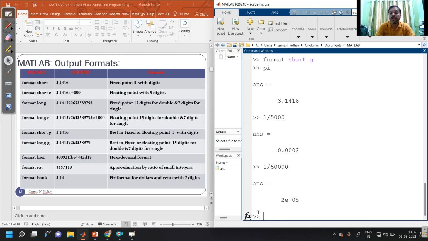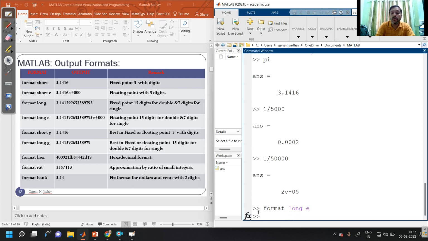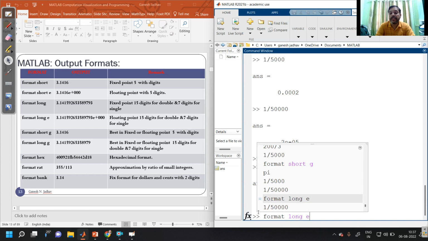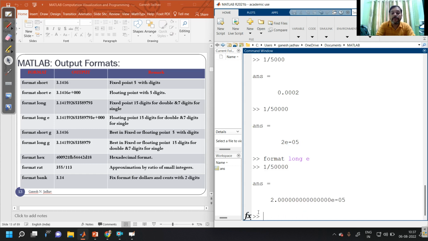But if I add one more zero here, the result changes to the format short E. So it will give you the best fit when you are using format short G. Similarly for format long E, you will get a similar type of result. See, 2 into 1 divided by 50,000 gives this result, and if I display only pi, it gives this value. Again, it gives you the best fit.